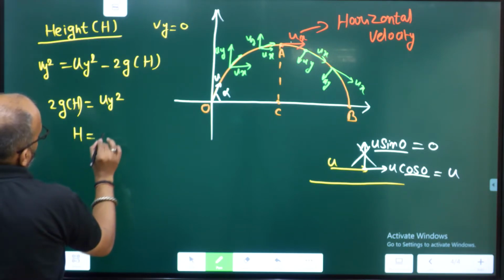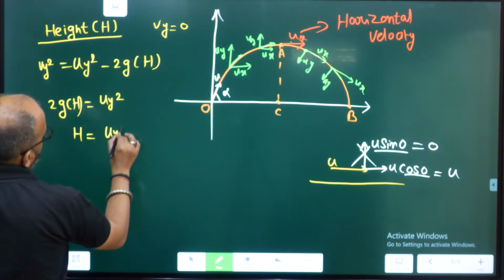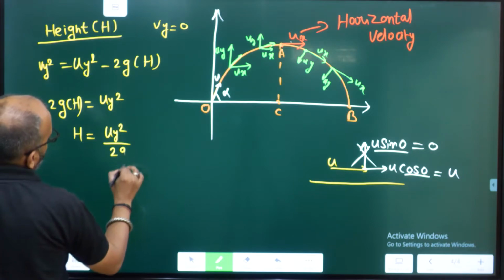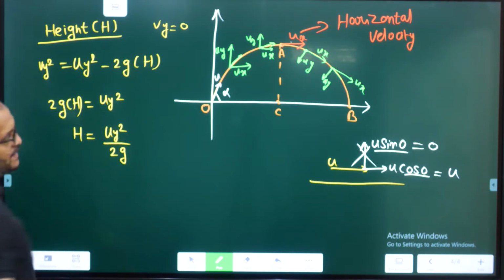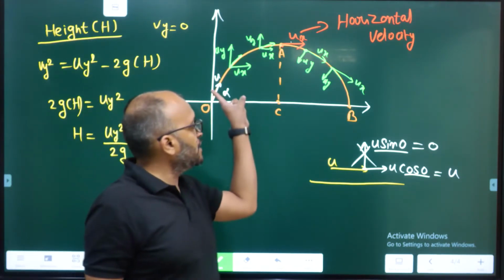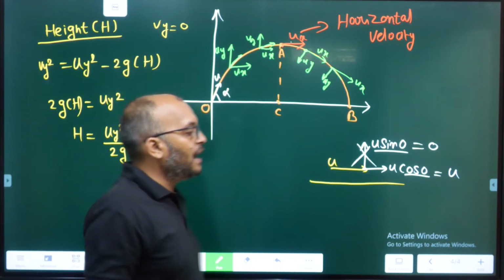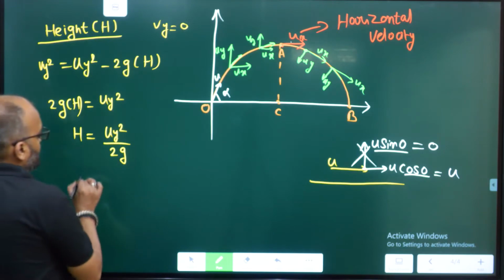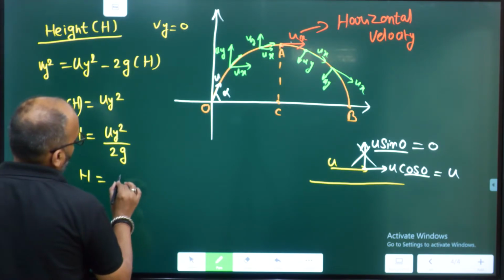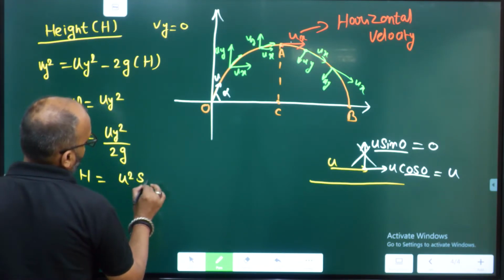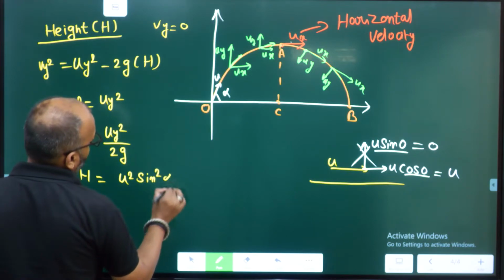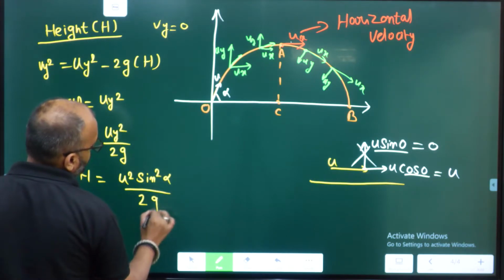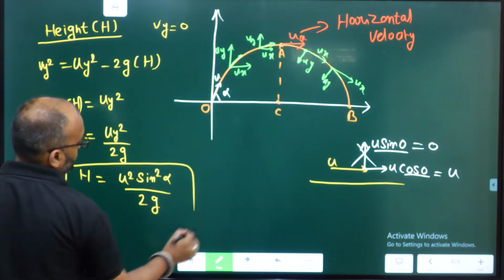So h will be equal to uy square upon 2g. What is uy? It is the component of initial velocity along the y-axis. What was the component of u along the y-axis? It was u sin alpha. So u square sin square alpha upon 2g is the height.